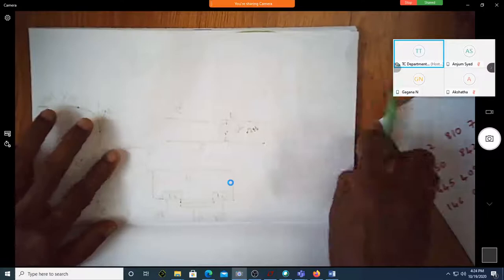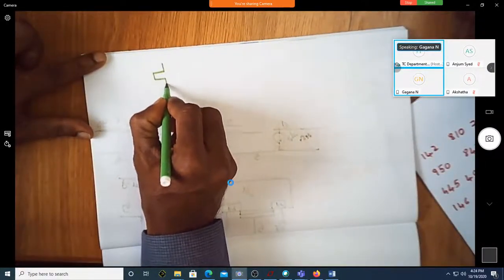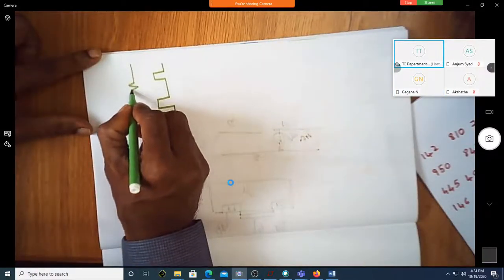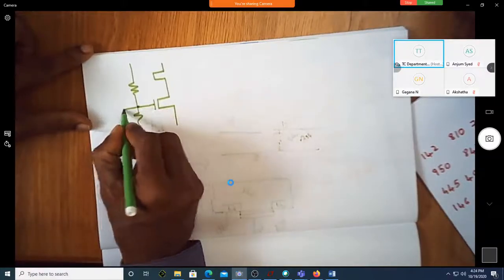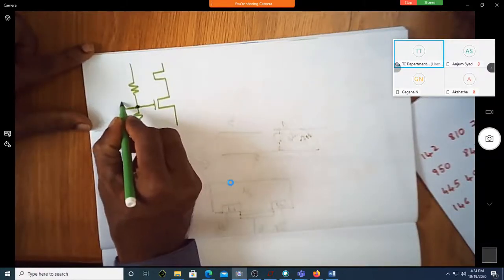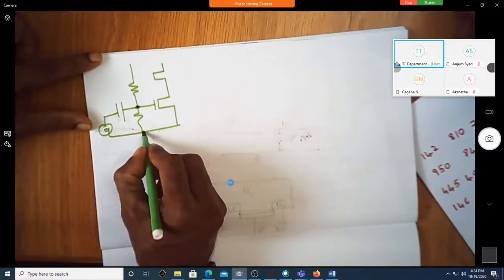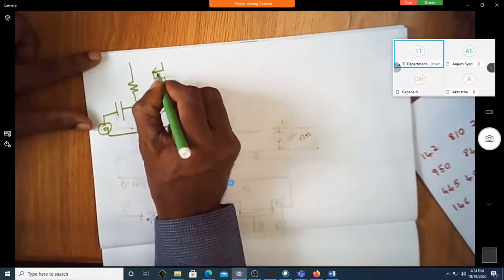Correct? Yes, sir. Now let me rewrite that. This is my CS amplifier with active load. You can see I'm just shorting here. This dot indicates that there is a connection. Again there is a connection here, grounded. This is NMOS, this is PMOS.